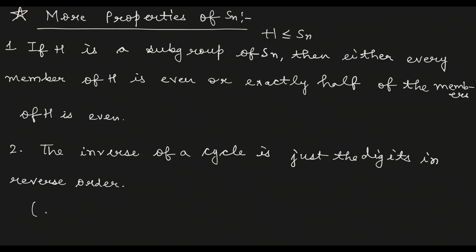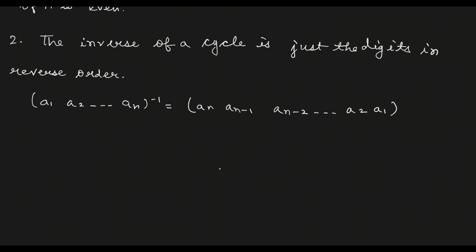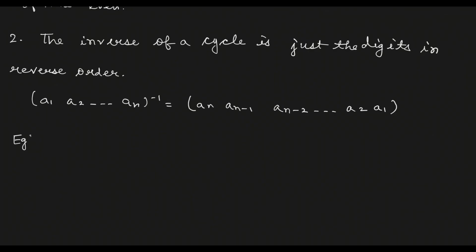For example, if I have this cycle (a1 a2 ... an), its inverse will be written as (an an-1 ... a2 a1). For example, inverse of (1 2 3) will be (3 2 1).